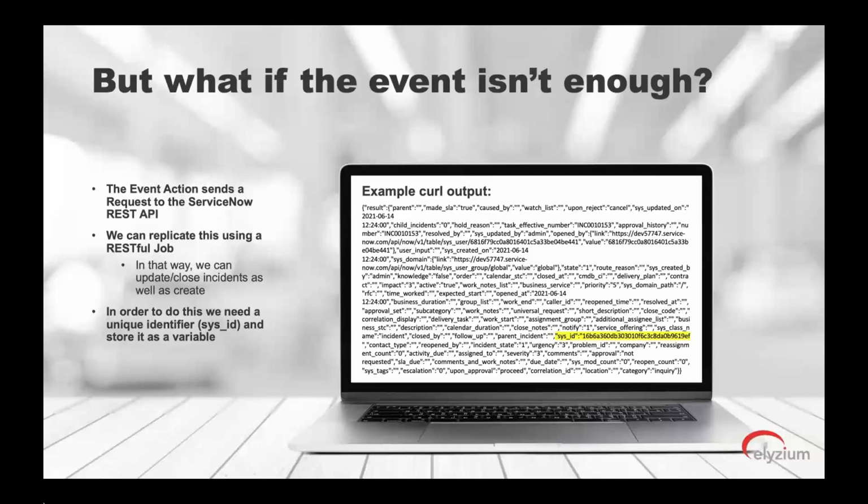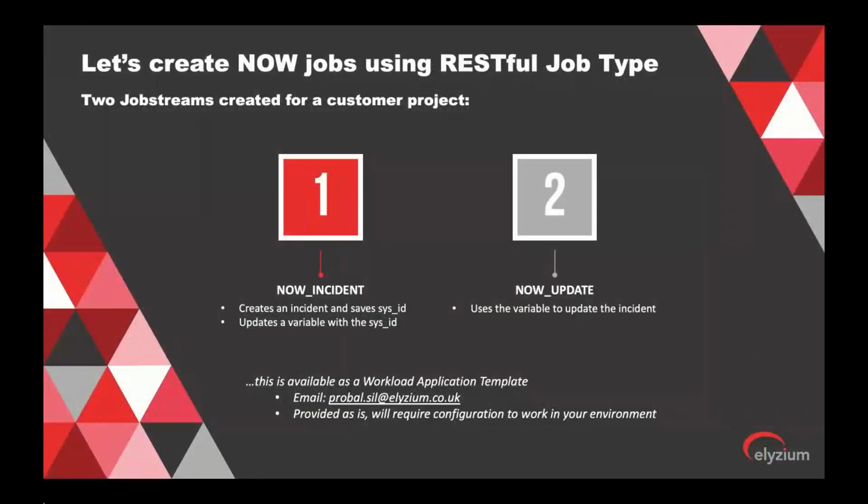So if we want to create that bi-directional connection, we need a set of jobs. What's being created are two job streams, one called Now Incident and another one called Now Update.